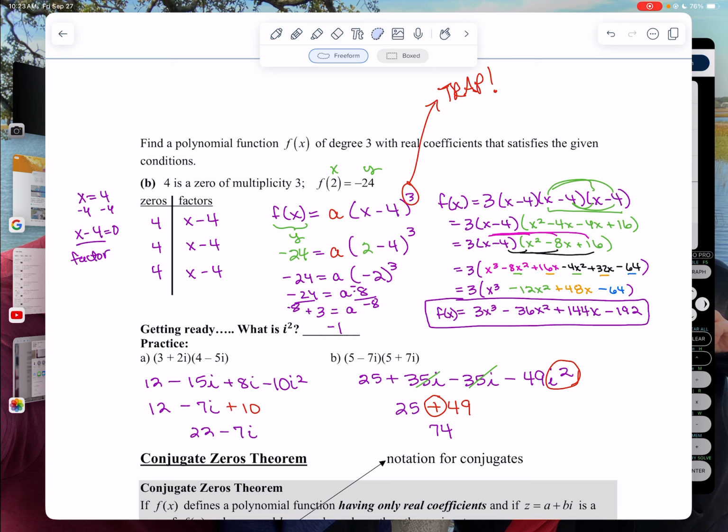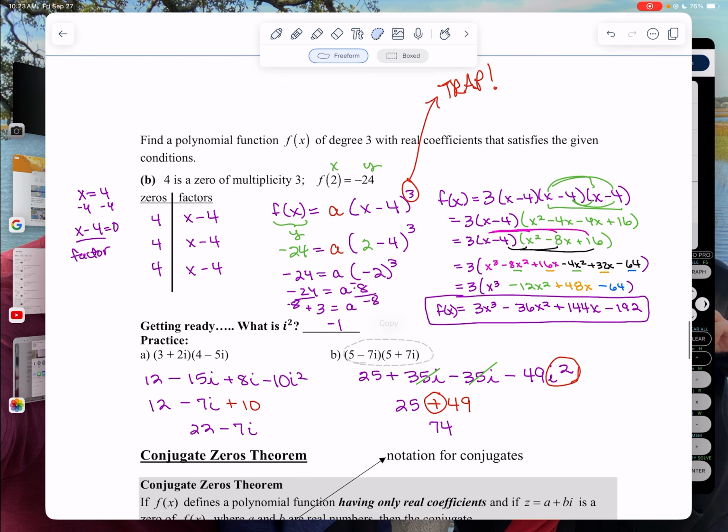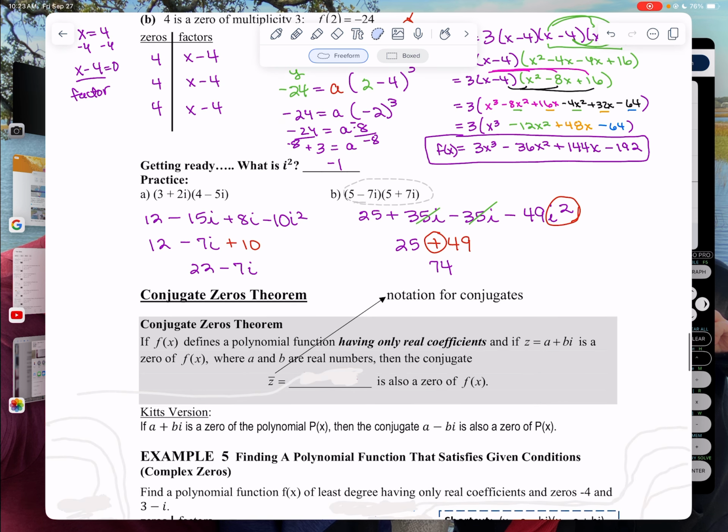When you multiply these two together, you no longer have an imaginary number. So those are special. Those are called conjugates. Okay, they're called conjugates. So notice the only difference is you just change the sign.